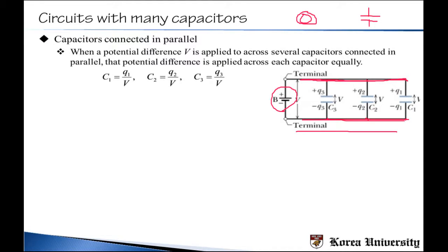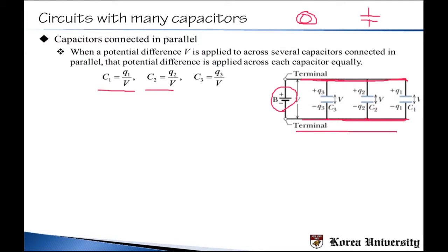And then using the definition of the capacitance, for each capacitor we can write C1 is equal to Q1 divided by V. Here C1 is the capacitance of the first capacitor, and Q1 is the total charge accumulated inside this first capacitor. And then the second capacitor may have a different property.